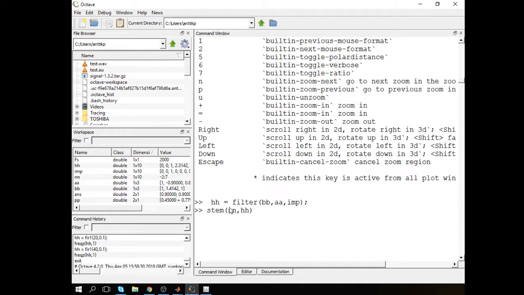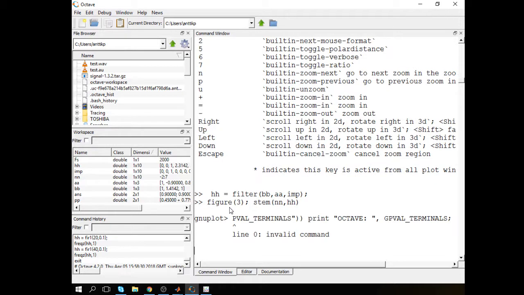And then stem, then figure 3. Invalid command. Okay. This ain't MATLAB. What is the easiest way to start over? So I hit something accidentally, and I broke the Octave.